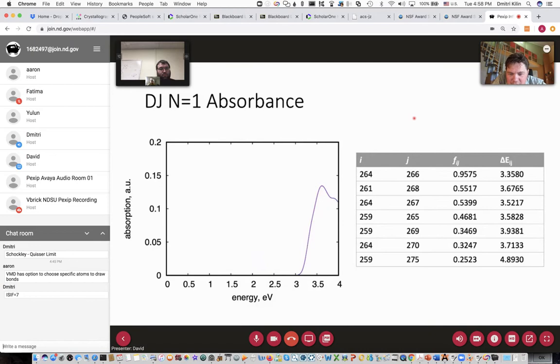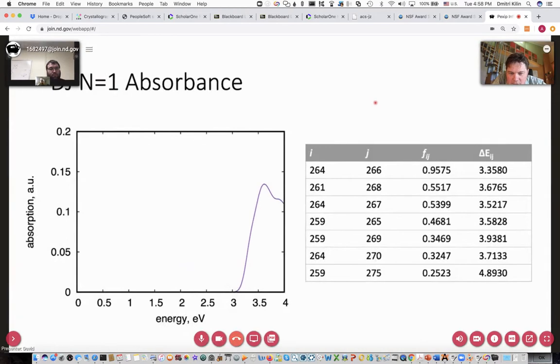So here we have the absorbance vector for the n equals 1 model, and we see a peak around 3.5 eV. And this is expected to be the one with the highest absorption of the models we're looking at. And off to the side, I've included a table.